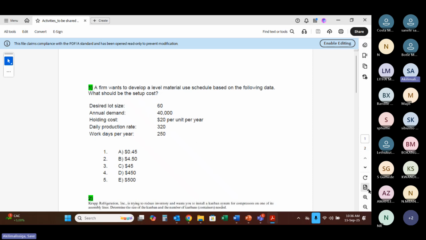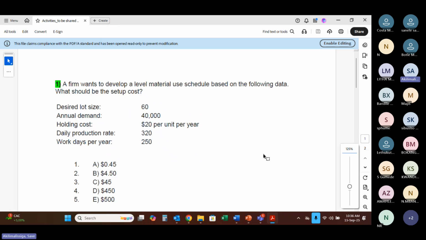So from here, we can quickly start with the first question, right? As I said, these are not tricky calculations. This is straightforward. You just apply the formula and identify the appropriate input or details that you use in order to apply the formula.